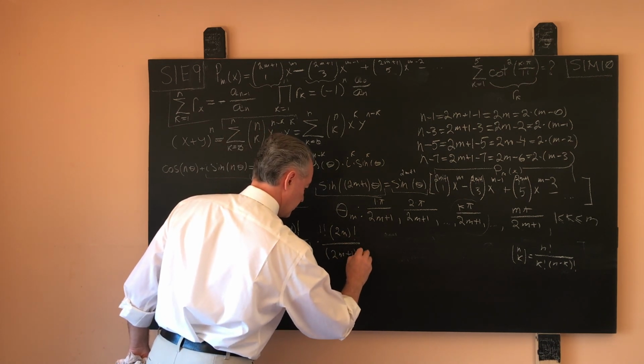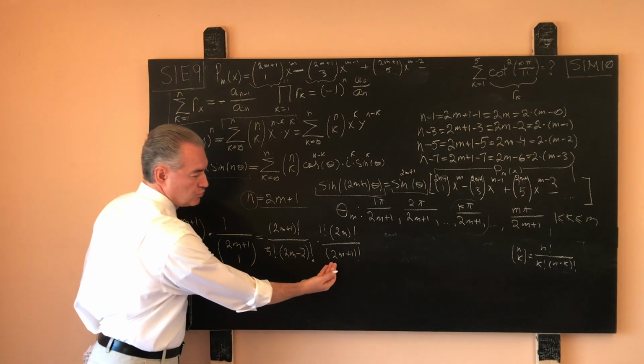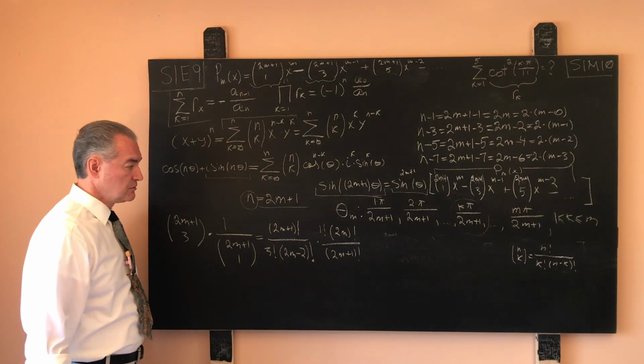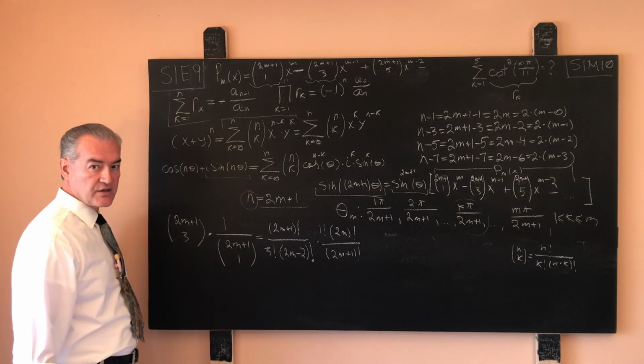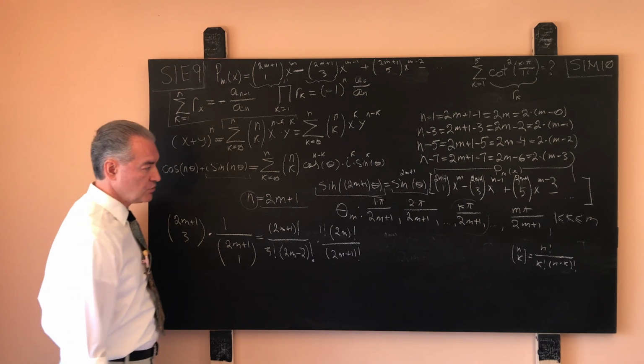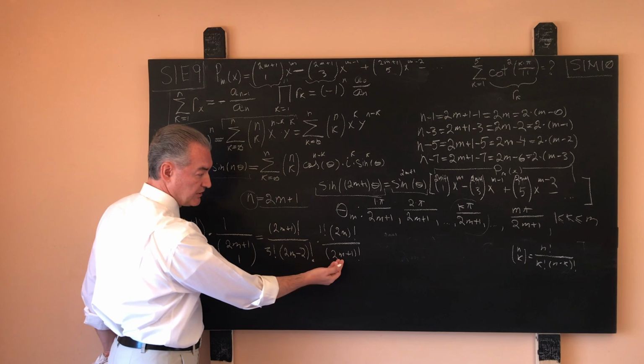2m plus 1 factorial. Now, 2m plus 1 factorial and 2m factorial cancel each other out nicely, because the product of the first 2m numbers sits right here, right?